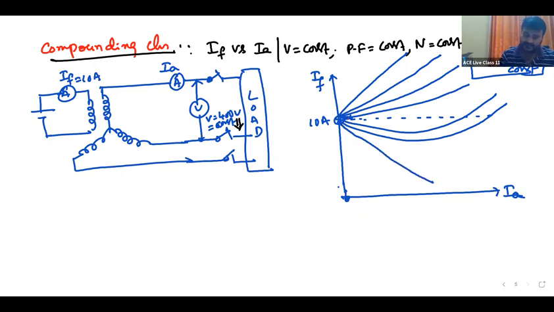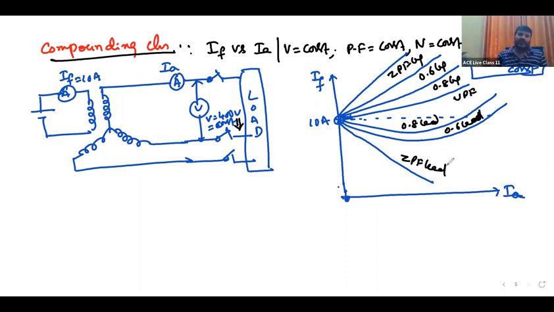This is for UPF, unity power factor. This is for 0.8 lagging. This is for 0.6 lagging. This is for ZPF lagging. And this is for 0.8 leading. This is for 0.6 leading. ZPF leading.